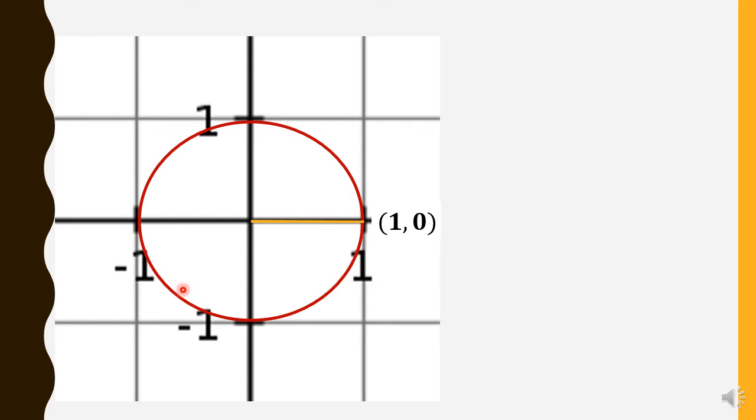It can also go back to this position, and then go again. So, it can go several times around the unit circle. It can end anywhere on the unit circle. It can also travel in the clockwise direction. But again, its starting position is at the point 1, 0.